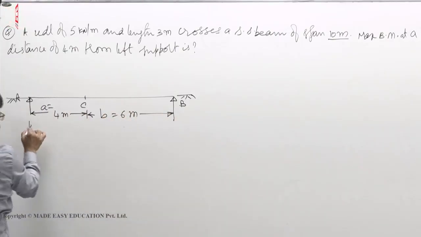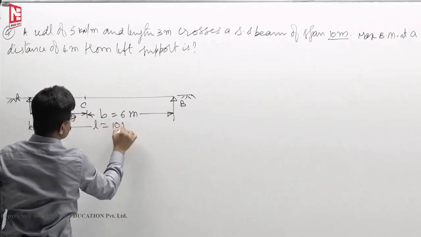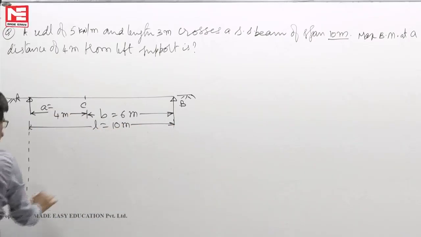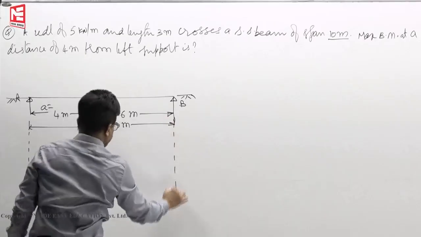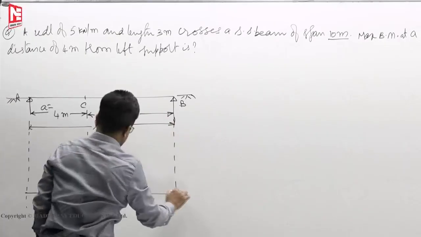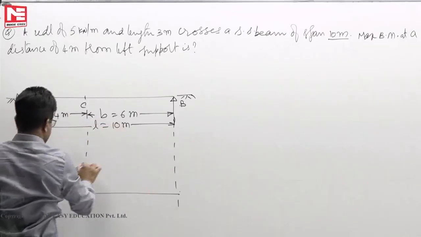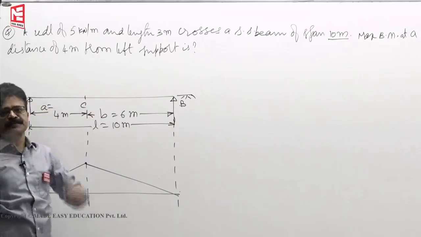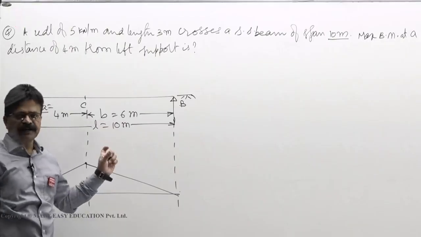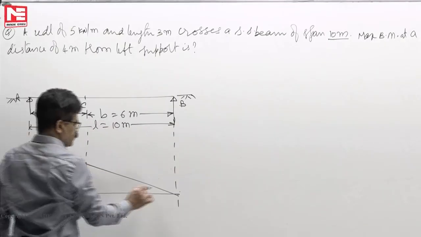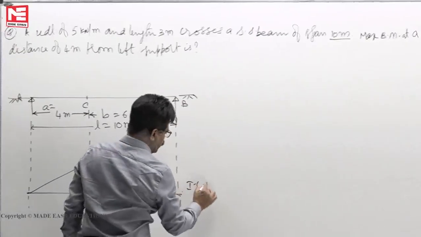So total length is 10 meters. So we will first draw the influence line diagram for bending moment at C. Now that this section is specified, the condition that average load on AC is equal to average load on CB must be satisfied.